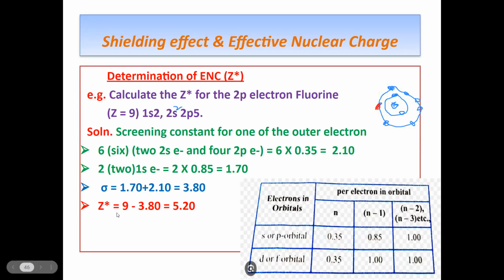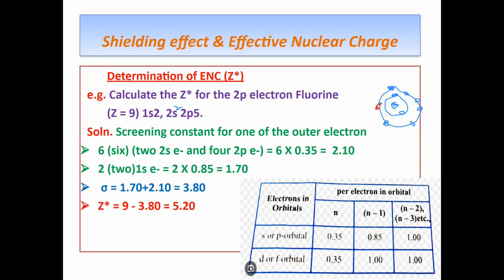Z star is the effective nuclear charge of fluorine for the particular 2p electron, and that value is 5.20. Actually, the original nuclear charge is 9, but due to repulsions it is reduced by 3.80. Finally, the effective nuclear charge is 5.20 for this particular electron.